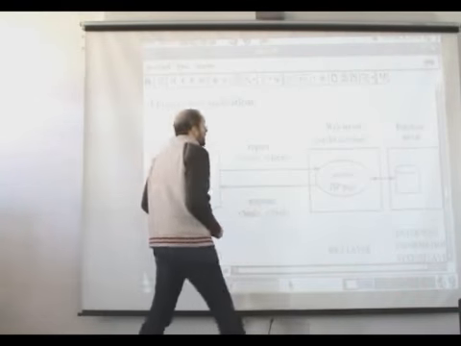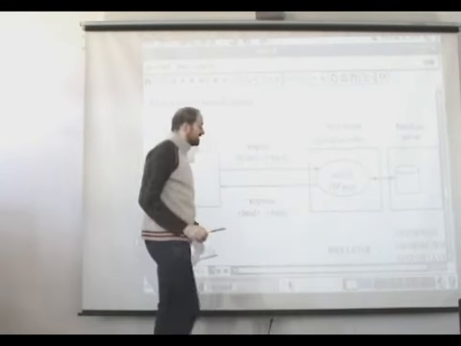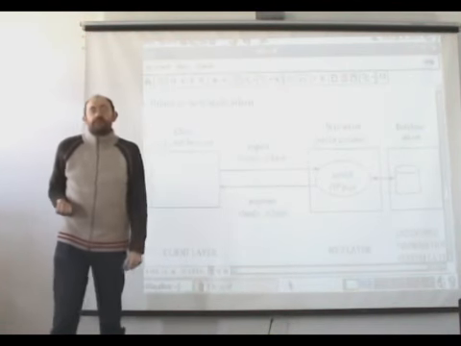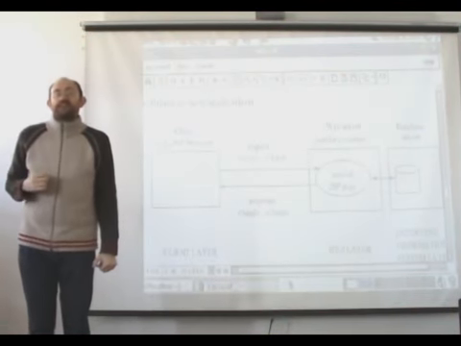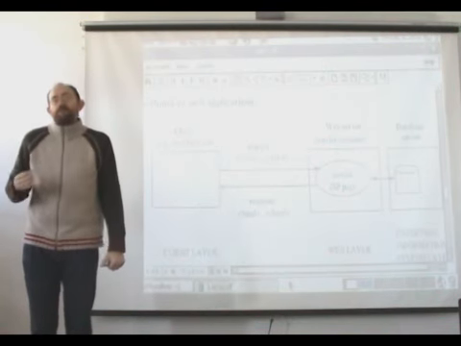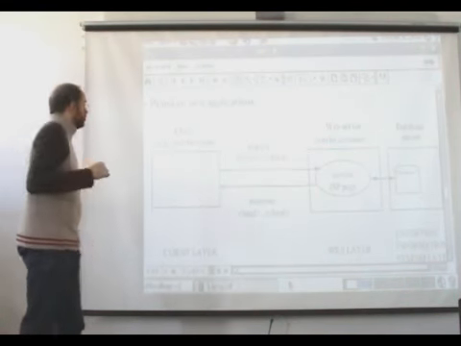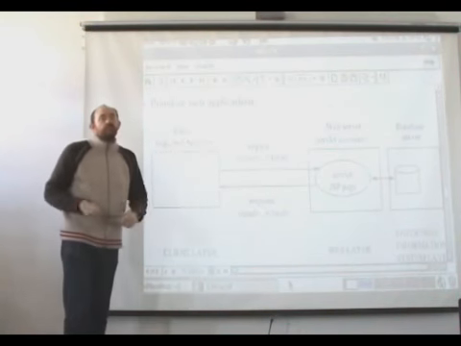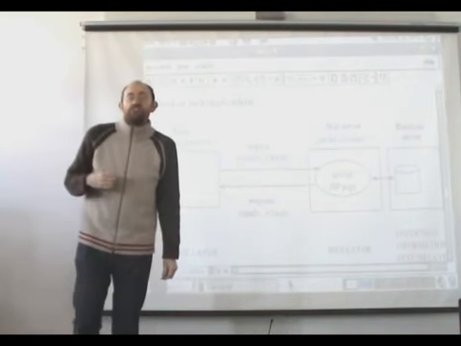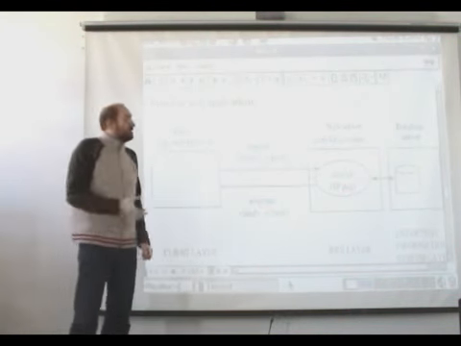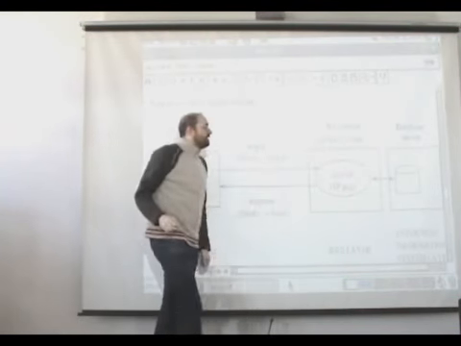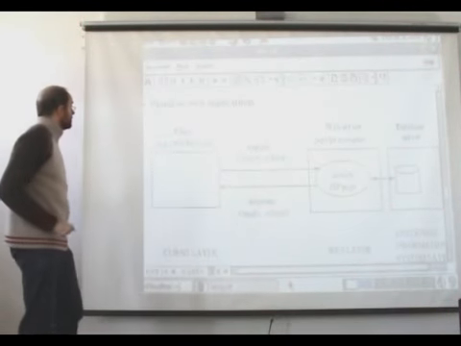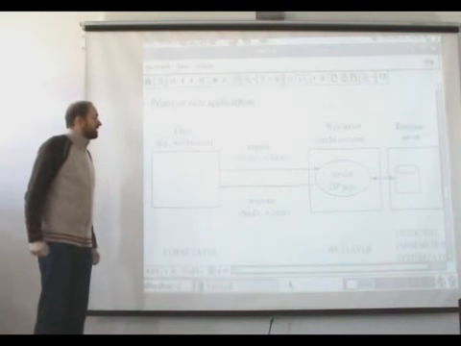Then we have the second layer, the web layer. The web layer is a web server that provides some answer to the requests that the client, the web browser, does. So the web browser will ask something to the web server, and the web server will answer the web browser.